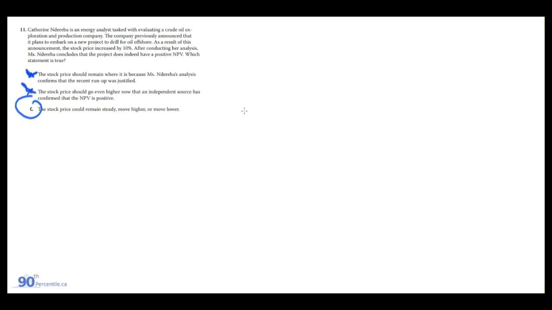So if a company's engaging in a project and the NPV is positive, then theoretically the stock's price should move proportionally to adjust for that increase in NPV. But there's also other things going on, right? Whether or not this is a positive NPV, sure it's good, but there's not a lot of context here. What is the NPV relative to expectations in the market?